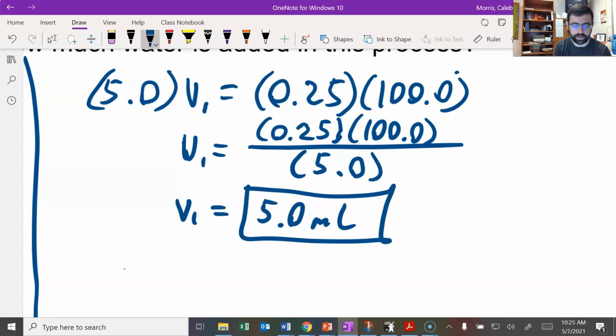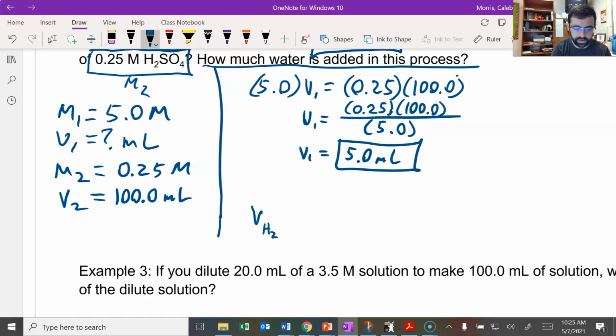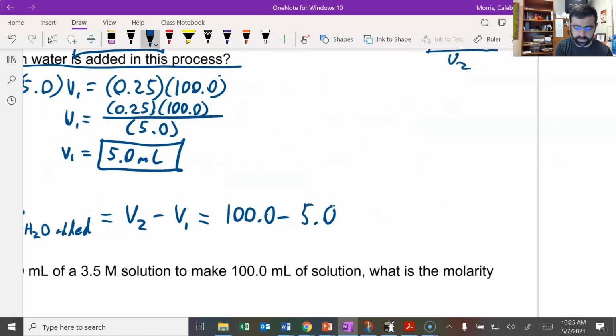That would be V1. And again, if I want to find the volume of water, how much water is added in the process, the volume of H2O added is going to equal V2 minus V1, which is 100.0 minus 5.0. Our answer comes to be 95.0 milliliters.